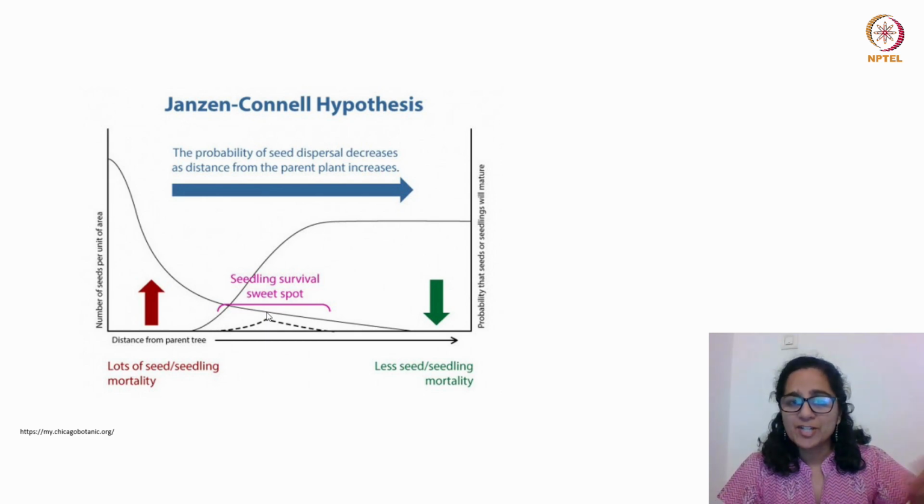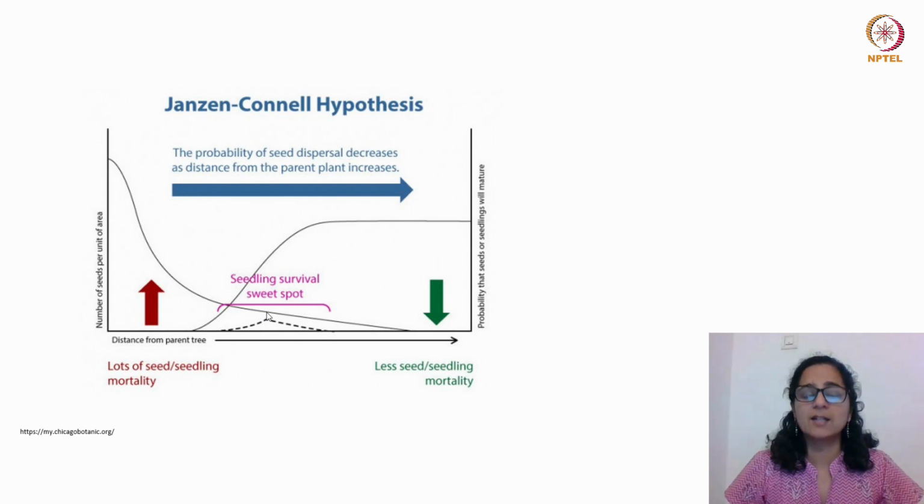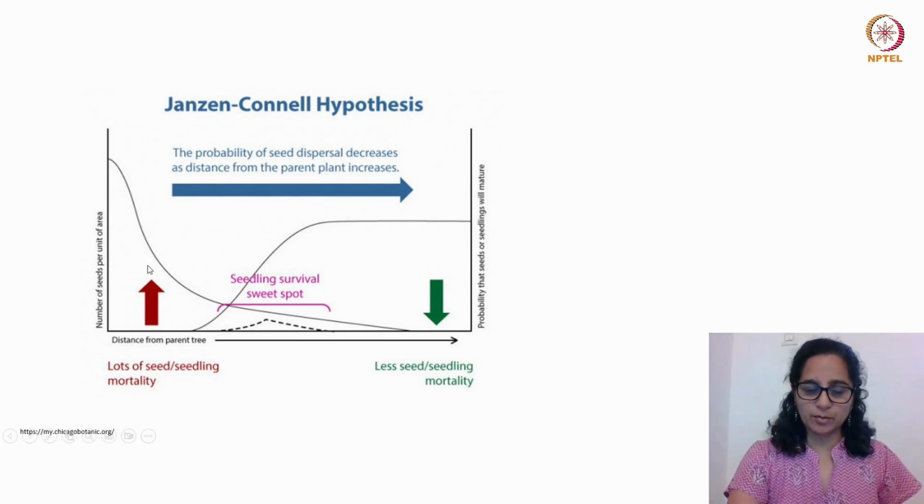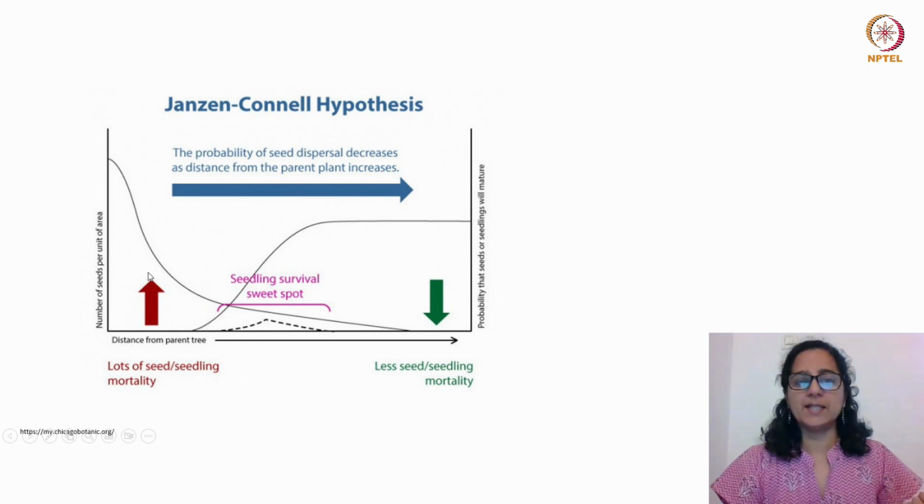Because there is a lot of shade under a tree, right? So seeds need a lot of sunlight in order to grow. That's one reason. And more importantly, there are a lot of predators and parasites which are very specific to that particular host tree, that particular species. So they will also eat the seeds.